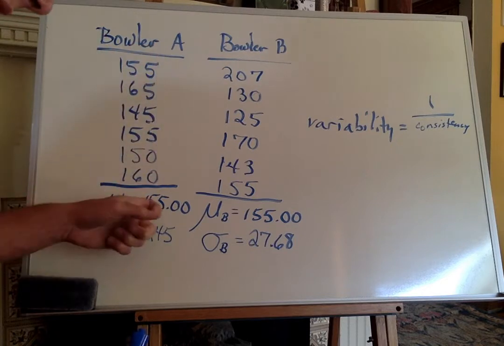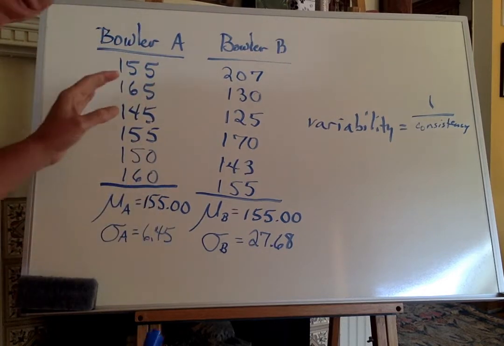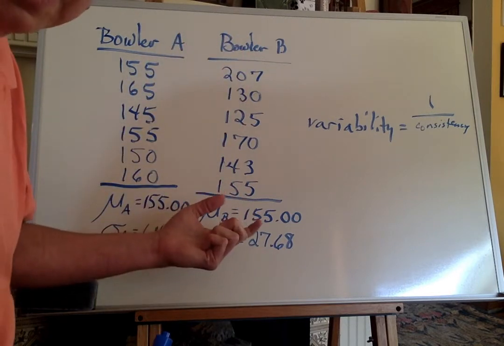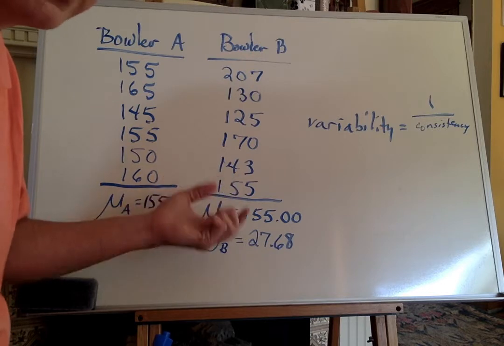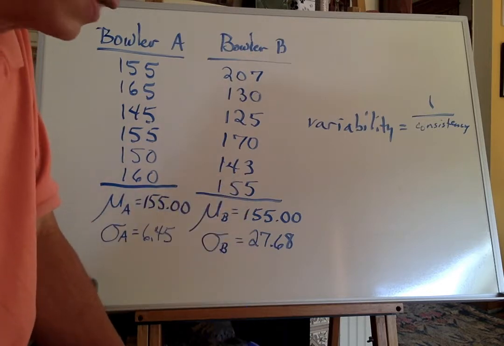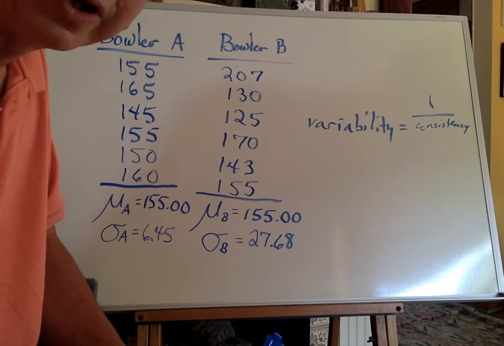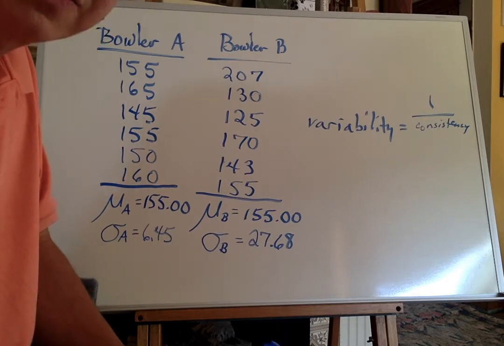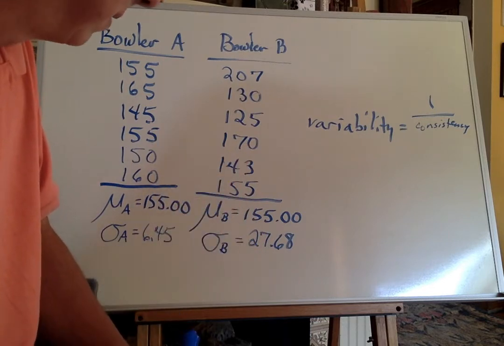Bowler A is going to be around 155, pretty much a lot. Bowler B is all over the place, okay? And so it's hard for me to predict whether bowler B is going to bowl a 170 or a 120 or a 200, right? Which makes for a very exciting bowling night, by the way.